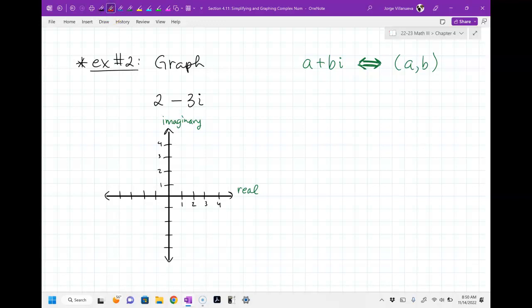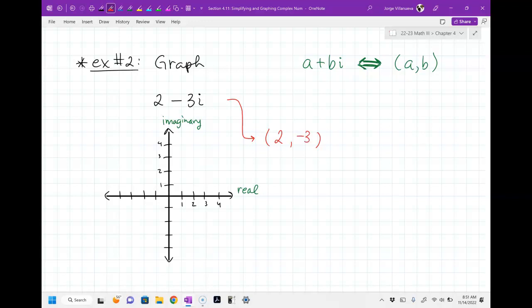So if they gave me 2 minus 3i, how do I represent that as a point? How do I rewrite that? So they gave me the complex number. Look at the green thing up there. 2 what? 2, negative 3.